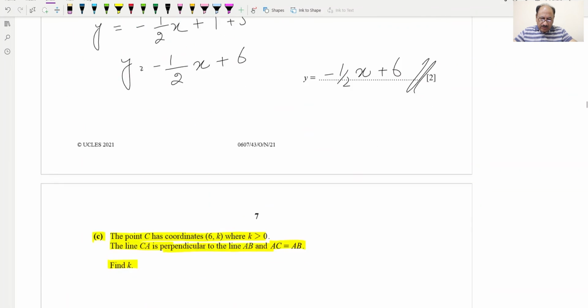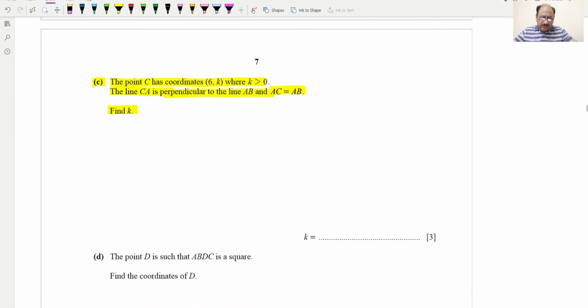Now we can write the equation of AC or CA, it is the same thing. So the gradient m of the perpendicular will be the reciprocal with the sign changed of minus 1 by 2, which will be 2. So the gradient of the perpendicular is 2, and we can use the point (2, 5) to find the equation of line CA.